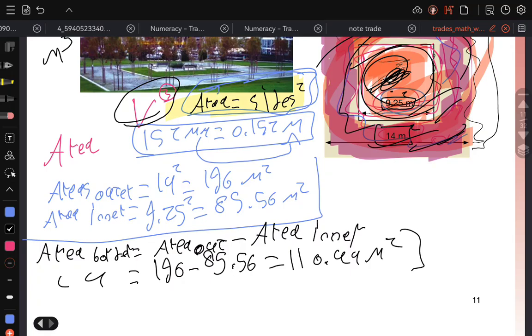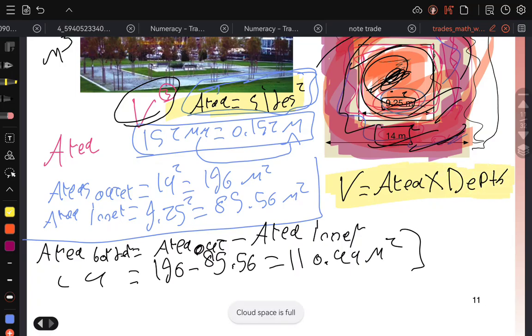Let's put it here, volume equals area multiply depth, and let's highlight it in yellow so you can't forget it.